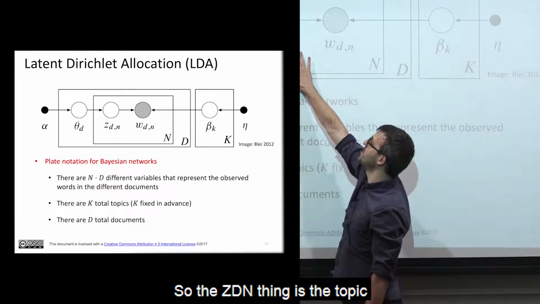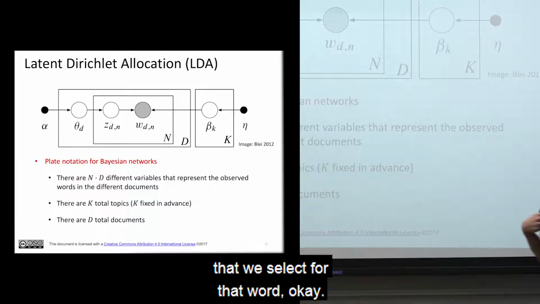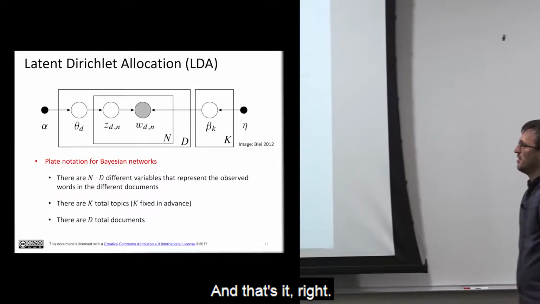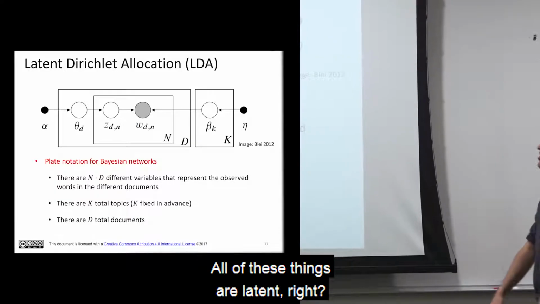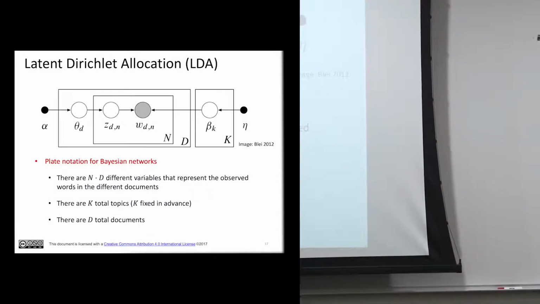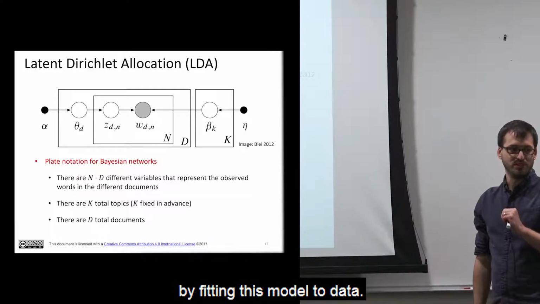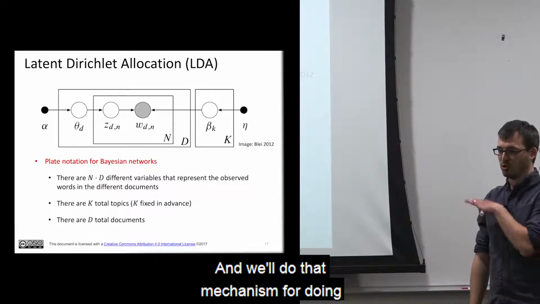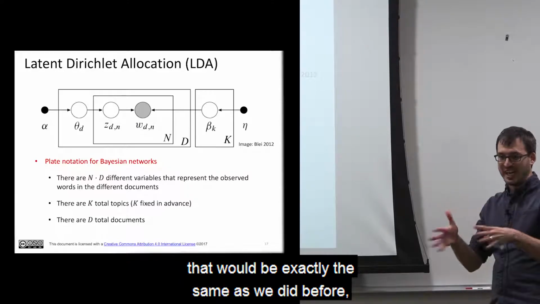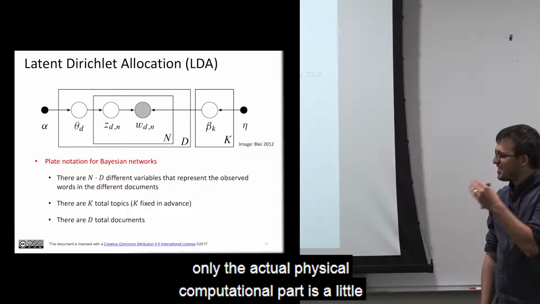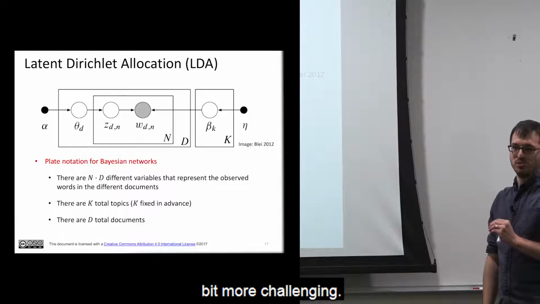So Z_dn is the topic that we select for that word. And that's it. All of these things are latent. We never get to see them. We only get to see the words. Everything else we need to reconstruct by fitting this model to data. The mechanism for doing that will be exactly the same as we did before, only the actual computational part is a little bit more challenging.